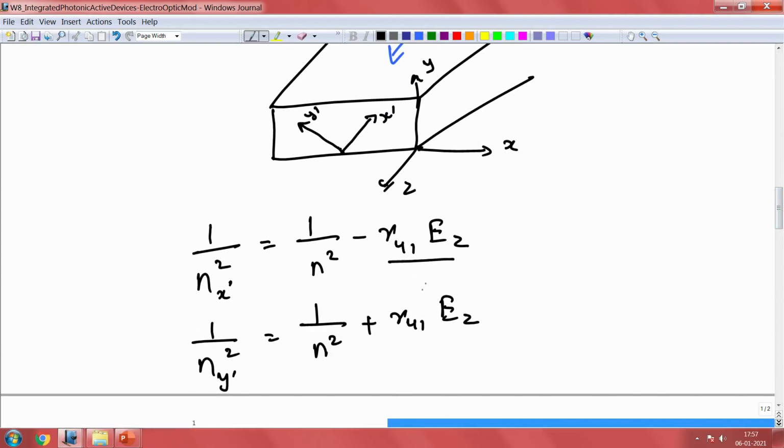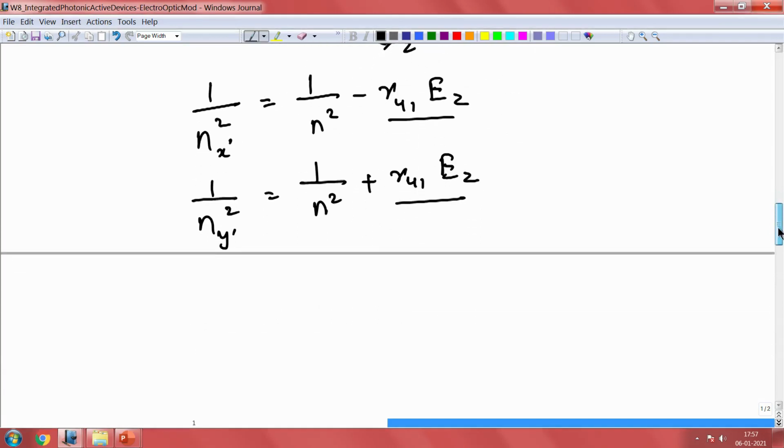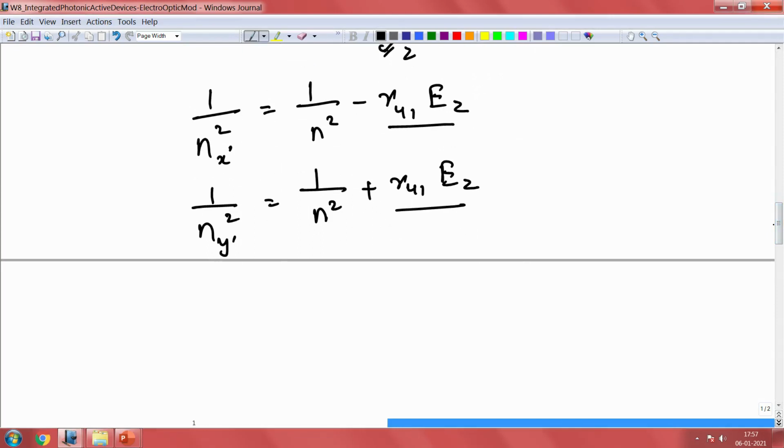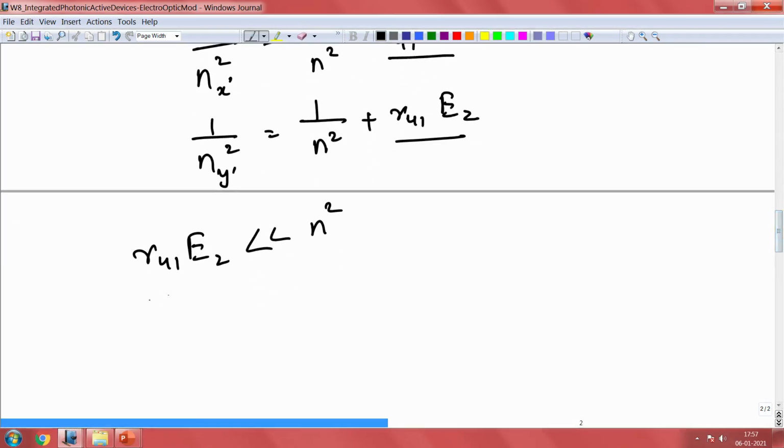So, these two are the factors that are changing our refractive index, but then whether this particular term is large or small is the question, right. So, most of the time this r41 Ez component is rather small compared to 1 by n squared, right. So, this r41 Ez is smaller than 1 by n squared, let us say. So, if this is the case, then we can invert and simplify the above equation, right.